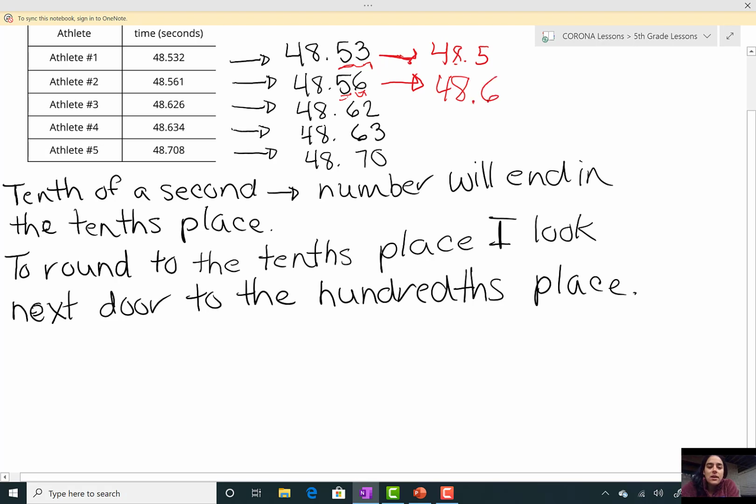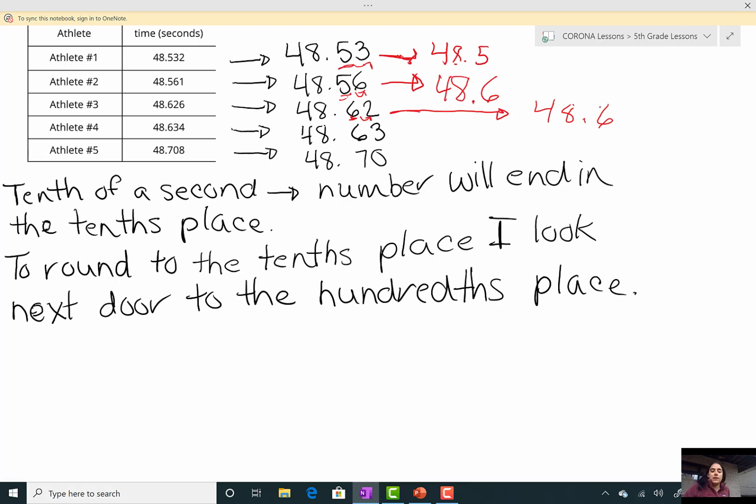Okay, let's look at athlete 3. I see a 6 in the tenths place. I look next door, there's a 2. Okay, that 2 is smaller than 5, so it's going to stay at 6/10. So this athlete's time is going to round to 48 and 6/10 if we record it to the nearest tenths place. Now, let's look at athlete 4.